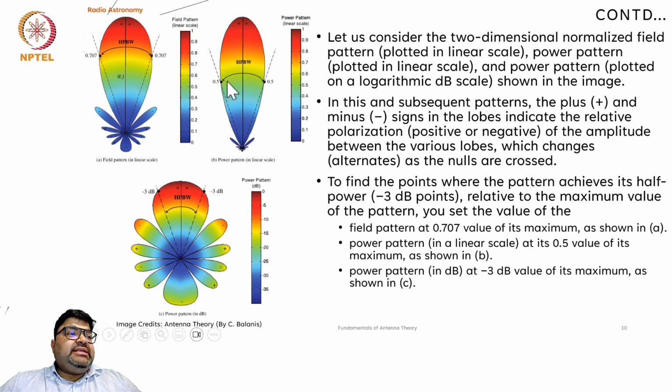The angular distance between these two half power points is called half power beam width, or HPBW. Similarly, in the dB scale, that half power goes to -3 dB on each side from the maximum, and there we calculate the entire half power beam width.